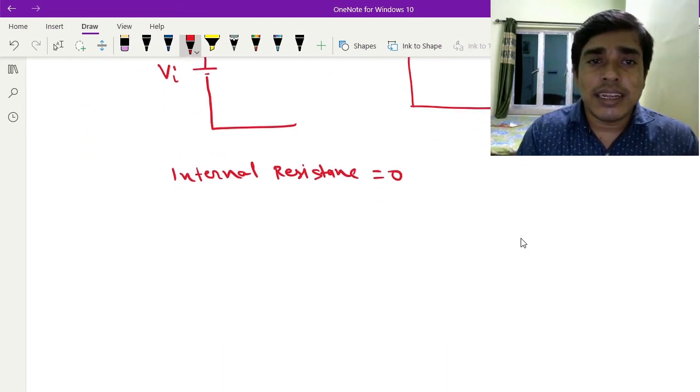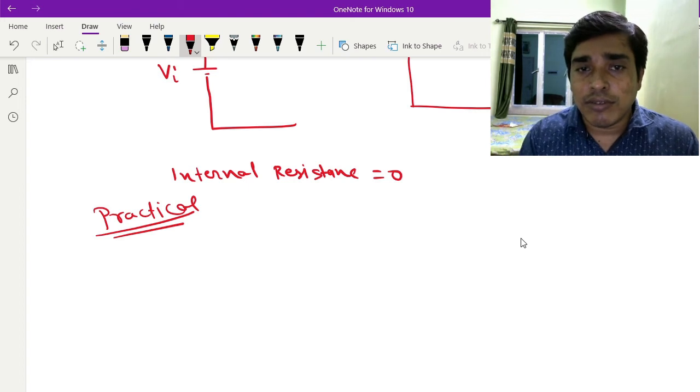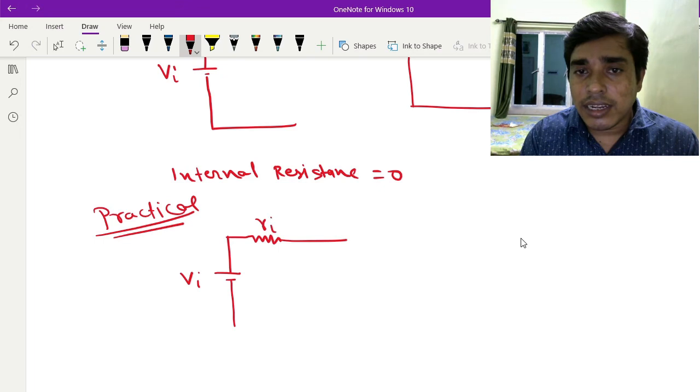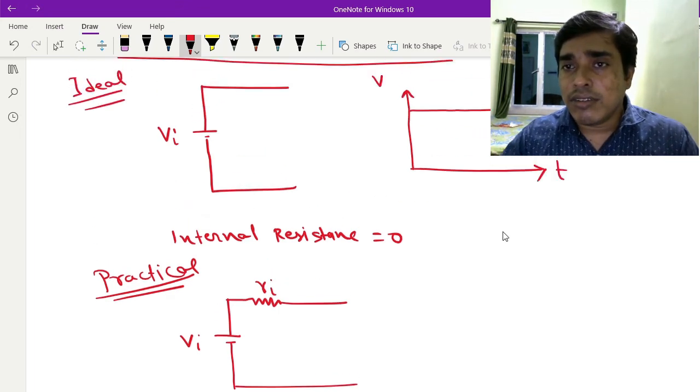For a practical independent energy source, there is some internal resistance. Suppose this is Vi, it contains some internal resistance, so it does not deliver the same voltage through a long time.